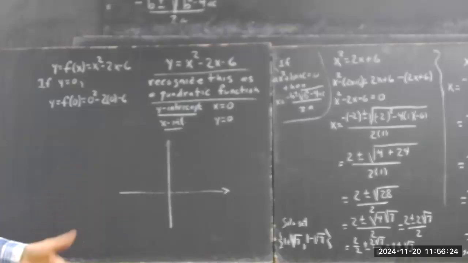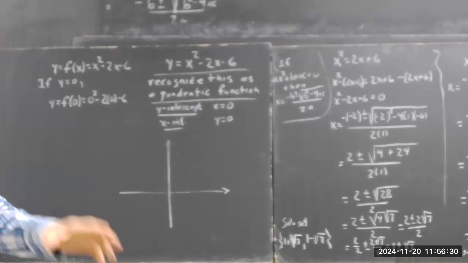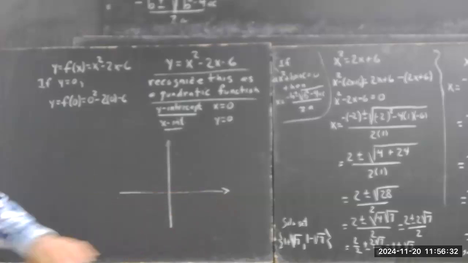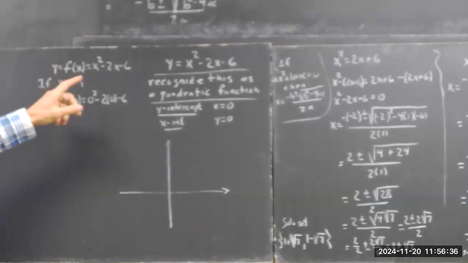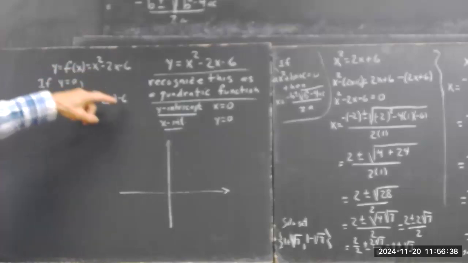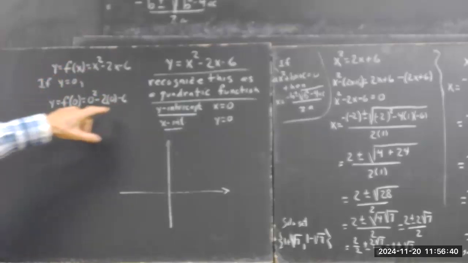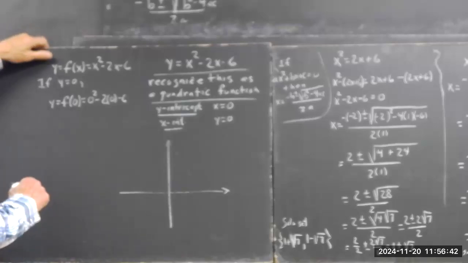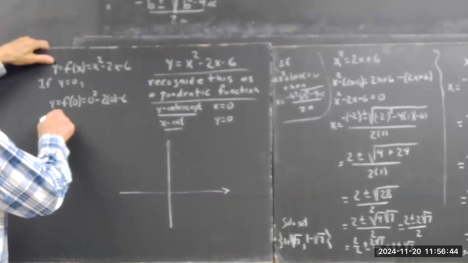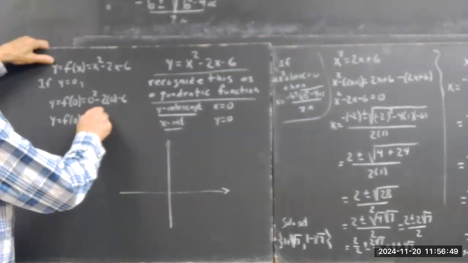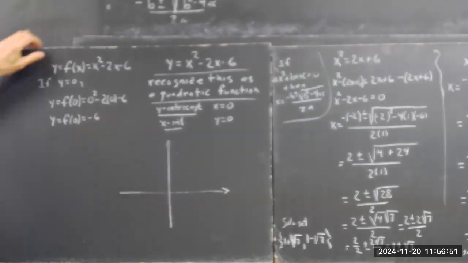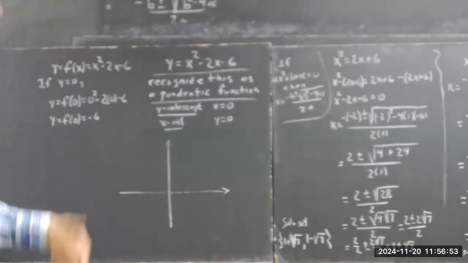Any mystery to that, except why in the world would I write an f of x or an f of 0? You'll see why. Just mechanically, if I replace x by 0 here, and replace it here, I get this. And y equals f of 0 equals -6.